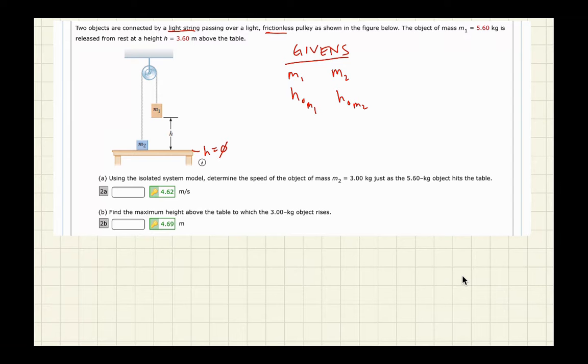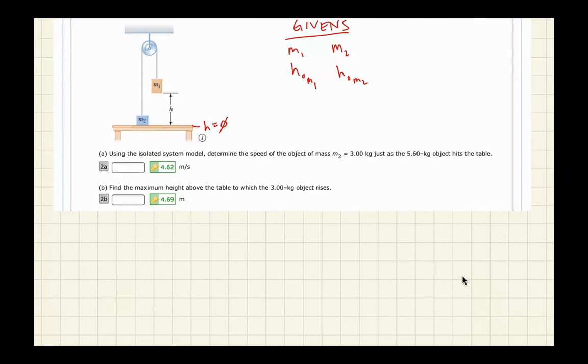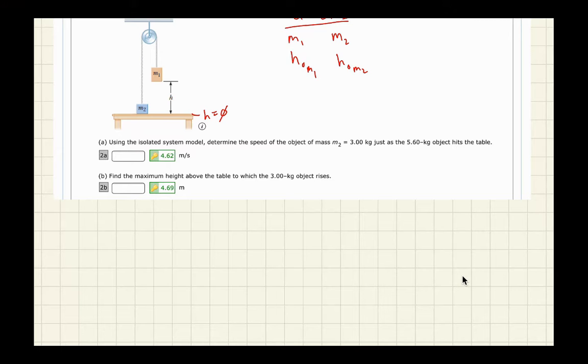So for this part of the problem, what's happening is my initial will have block M1 up at some initial height, not moving, block M2 at height 0, not moving. My final will have their positions reversed, but they will also both be moving.